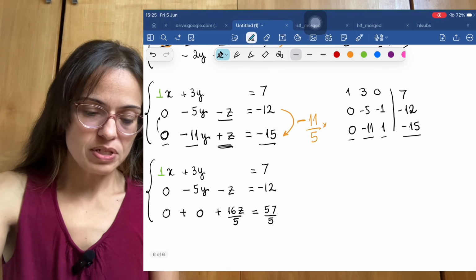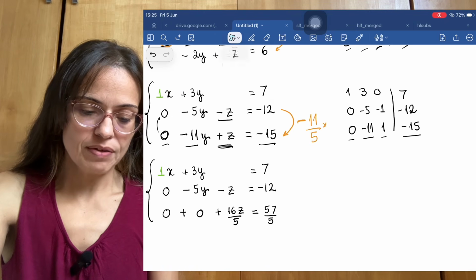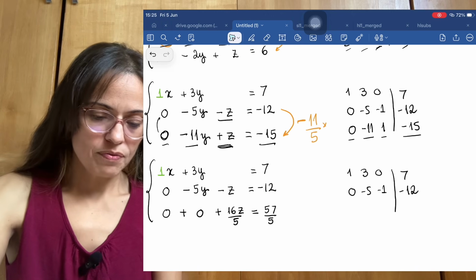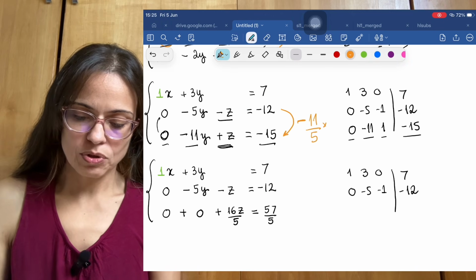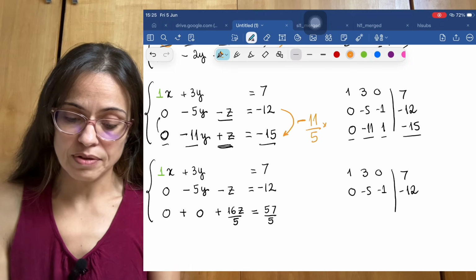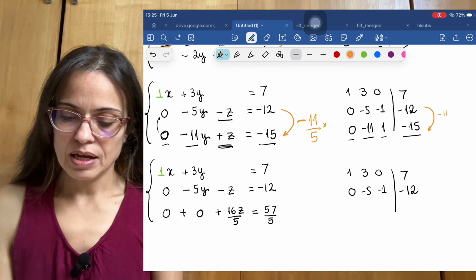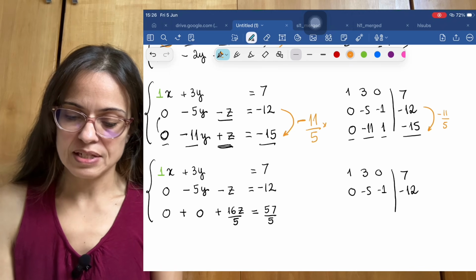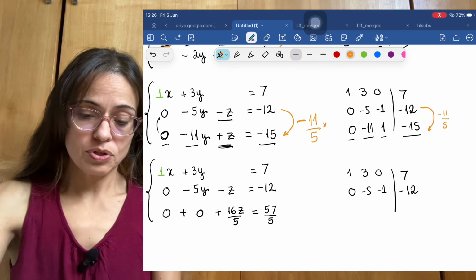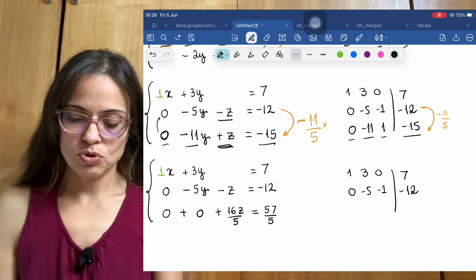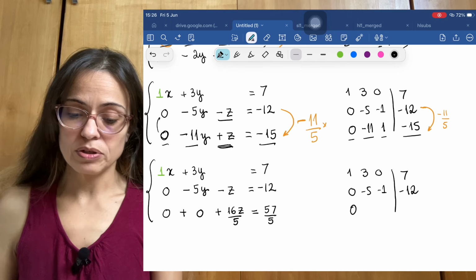And finally, you do the same thing with the 11 over 5, right? I don't have to go through the fractions calculations again because I've already done that. But the point is to subtract 11 fifths of the second line from the third line. This does nothing to the first number here because it's 0 minus 0.